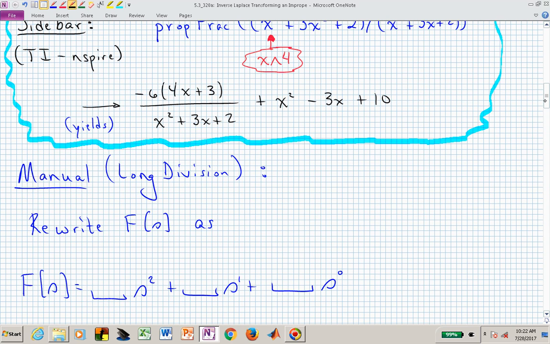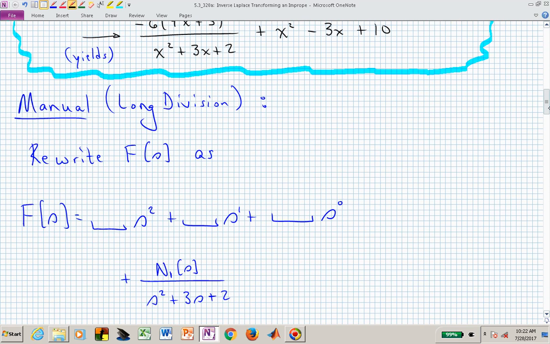In this particular example, what we're trying to do now is rewrite F of s as a polynomial. So we're trying to find these unknown coefficients, f sub 2, f sub 1, and f sub 0, associated with the polynomial that we need to pull out of the original F of s because it has a fourth order numerator and a second order denominator.